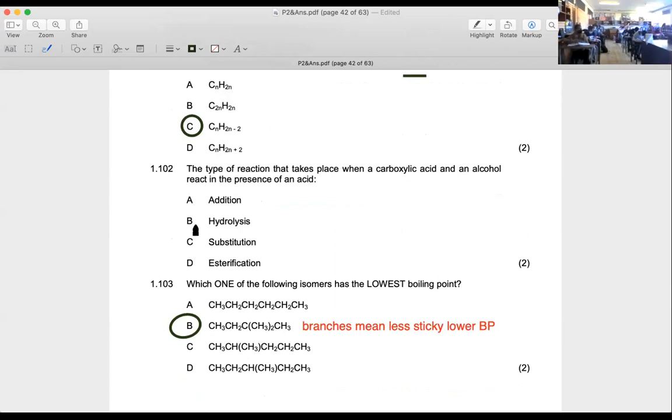A, B, C, or D? Do you remember you did the prac in the first term? You wrote tons and tons on it. You took acids, you took alcohols, and you made an ester. Esterification. So the making of an ester is called esterification.